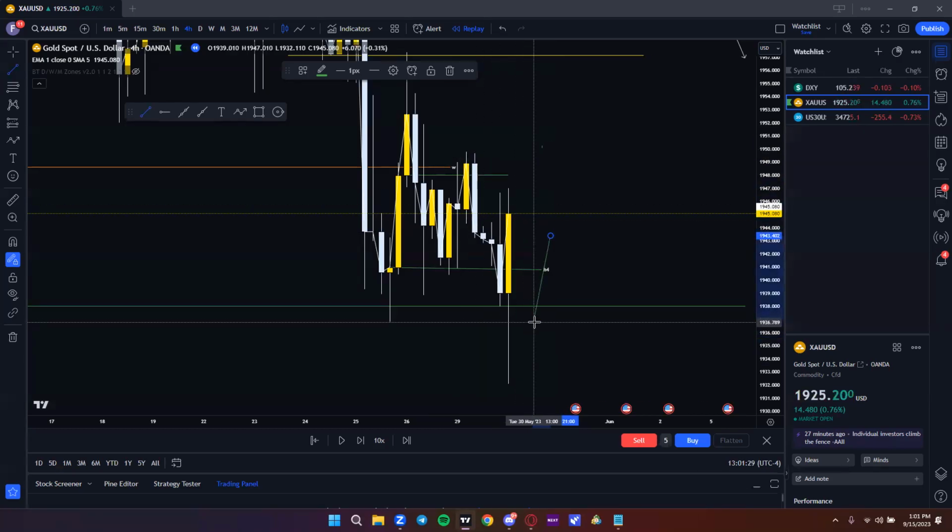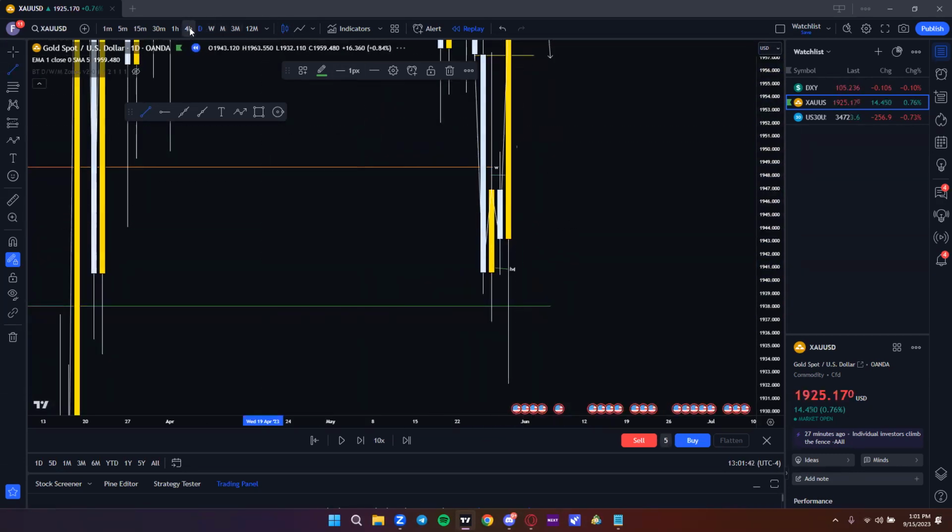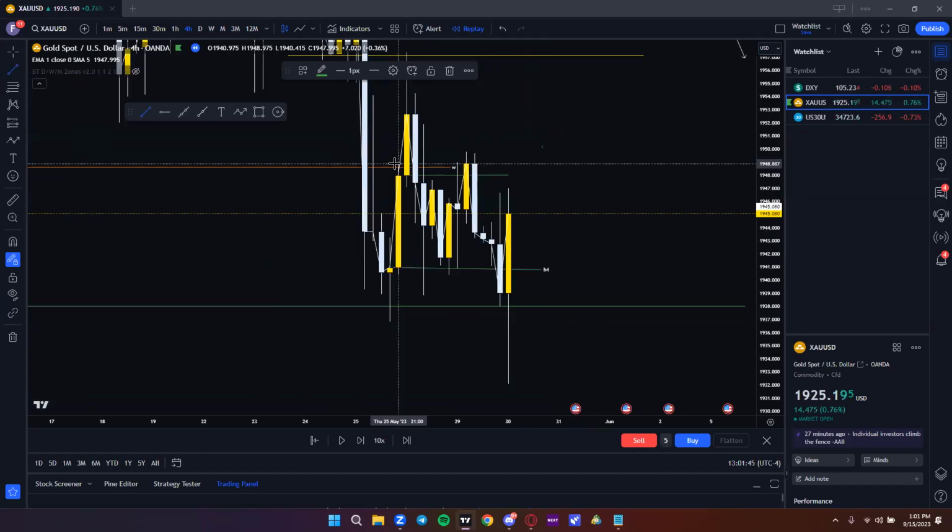Again, you can take this sell, but for us to get signs of continuation to the downside we need to see how the daily closes, right? The daily didn't close, so we can't get information that price is going to go down. What we do see though is we have a break above; price came down and it actually broke this key level, but it found support.